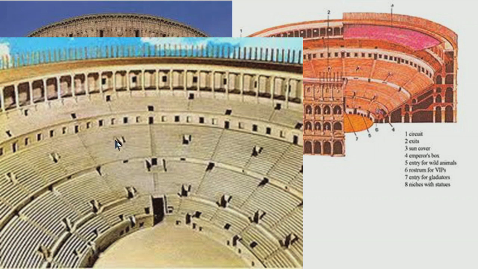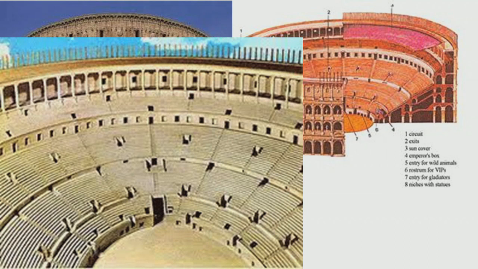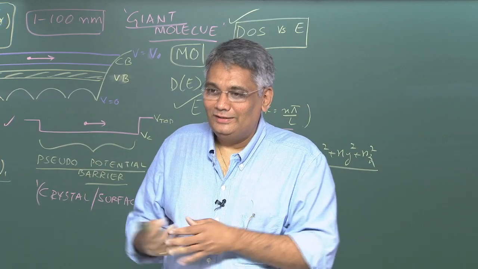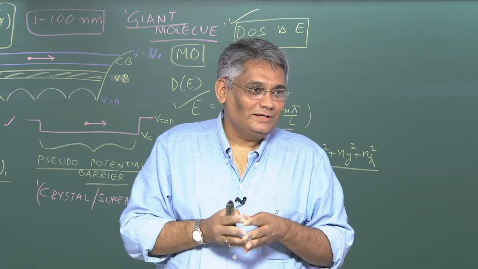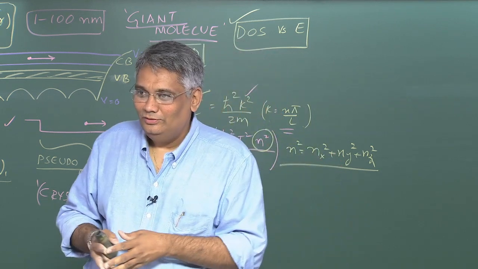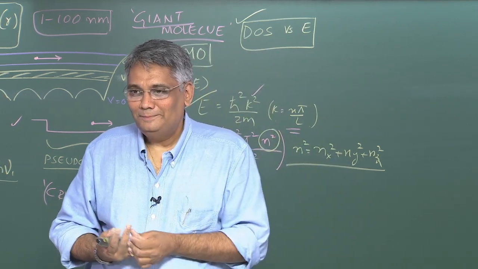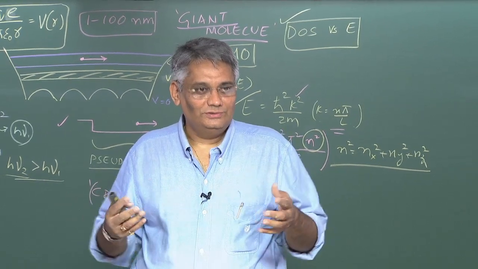There are some areas where people are allowed to sit, right? In terms of electrons, it's allowed levels, the number of levels that are available to an electron, like the number of seats available here, and how do you find the total occupancy is the question.